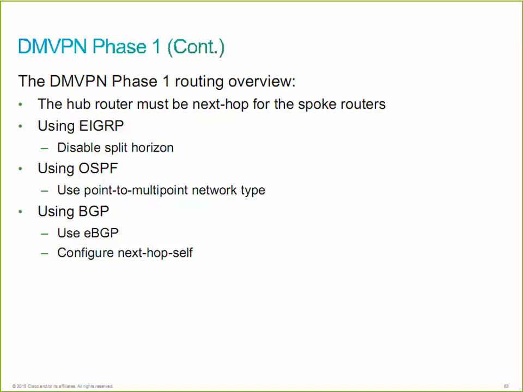But OSPF tends to act a little bit differently depending on the network type. The default OSPF network type on the tunnel interface is point-to-point. So if I leave the default network type, the OSPF adjacencies will constantly be flapping between the spoke routers. If I set up point-to-multipoint network type, and I use the ip ospf network type command to do that, OSPF treats the network as a collection of point-to-point links.